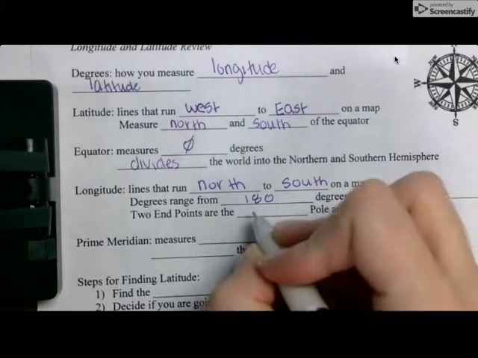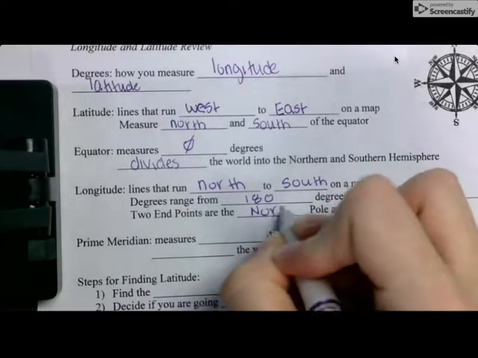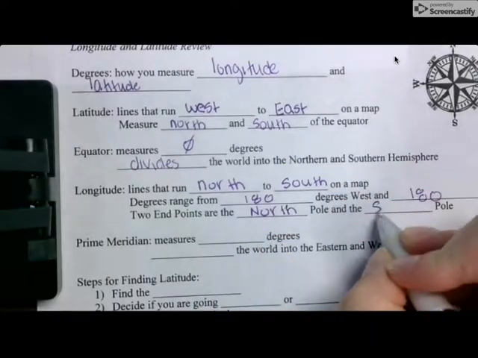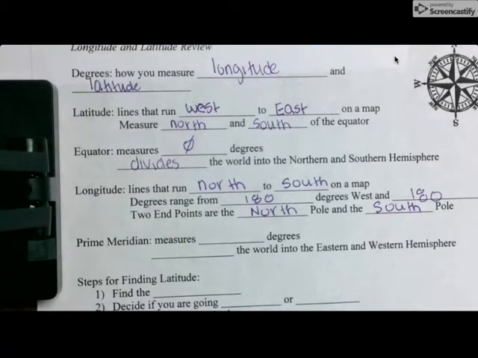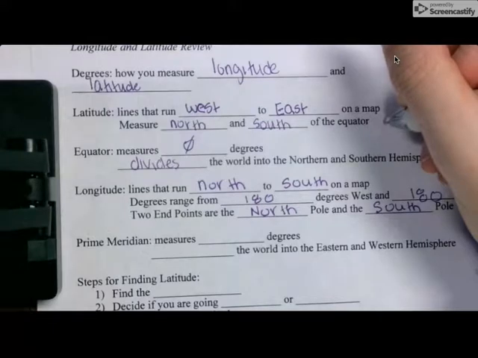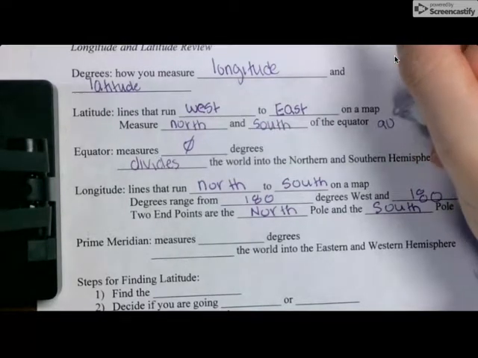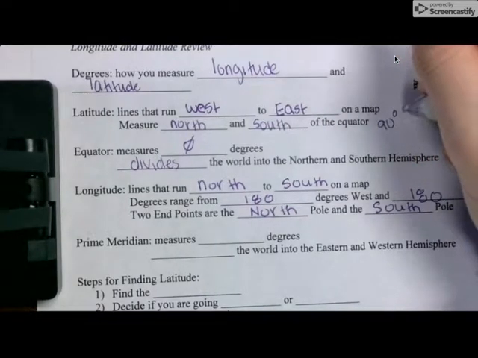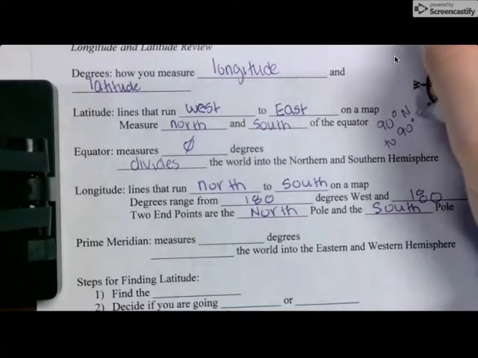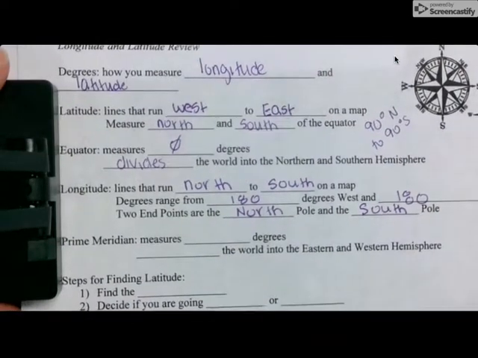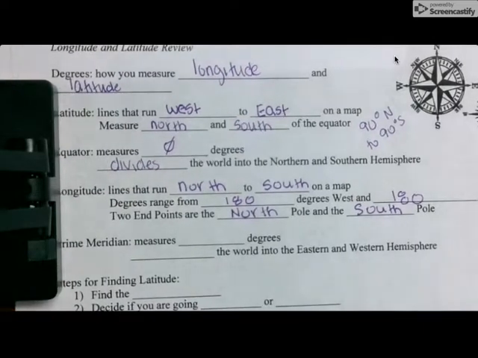Two endpoints are the North Pole and the South Pole. I know, shocking. Let's also add up in longitude, because I forgot it, that this is 90 degrees north to 90 degrees south.